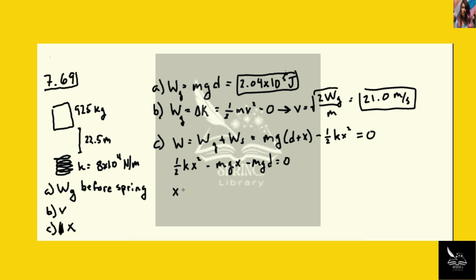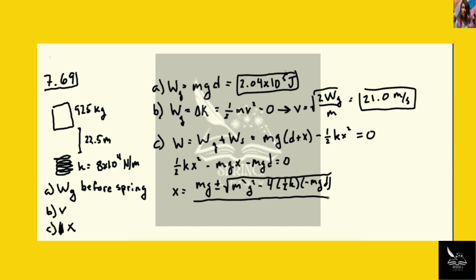So x is going to be mg plus or minus the square root of m squared g squared minus 4 times 1/2 k times negative mgd, over 2 times 1/2 k, which is just k.